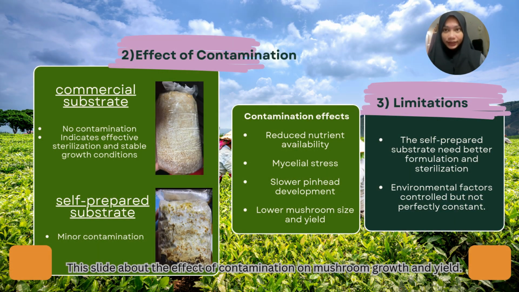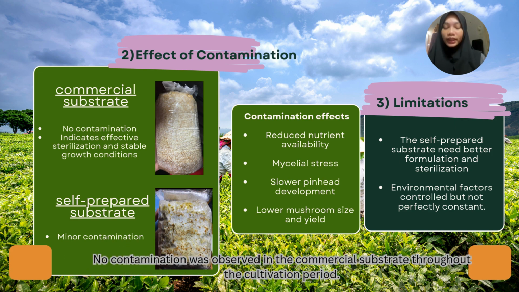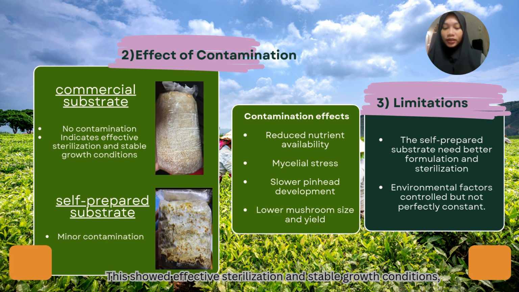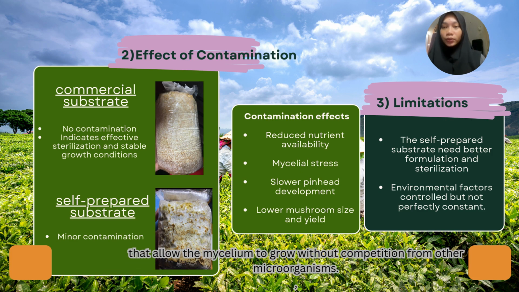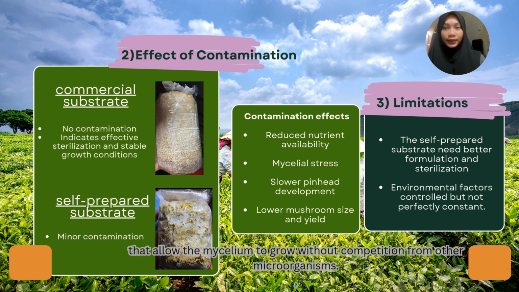This slide is about the effect of contamination on mushroom growth and yield. No contamination was observed in commercial substrate throughout the cultivation period. This shows effective sterilization and stable growth conditions that allow mycelium to grow without competition from other microorganisms.